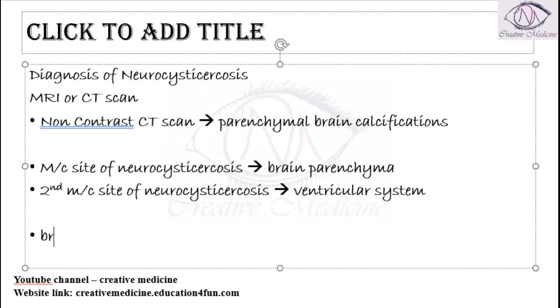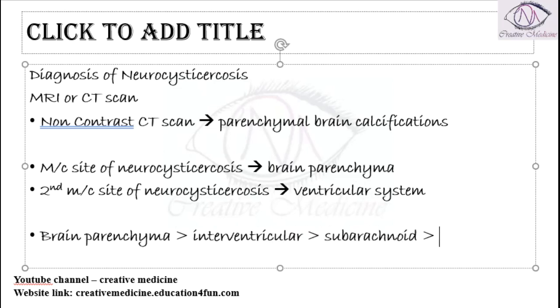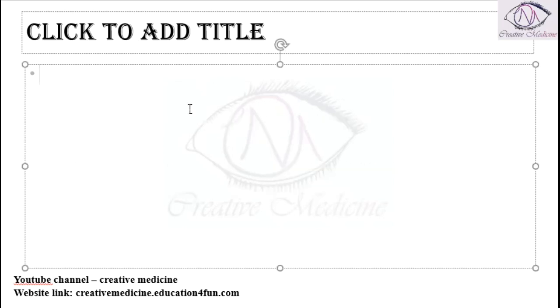So the most common sites are, first, the brain parenchyma, followed by the intraventricular system, followed by the subarachnoid system, followed by the spinal system, followed by the orbital system. These are the sites of neurocysticercosis.